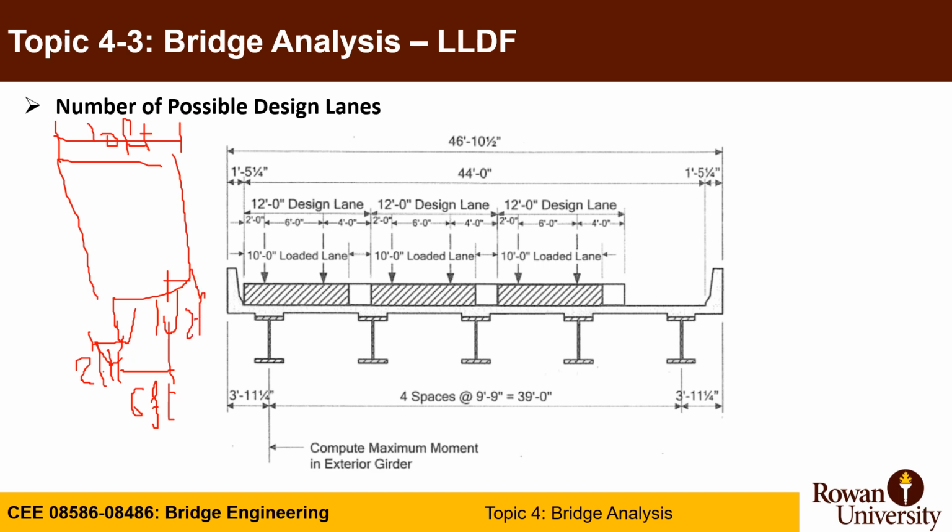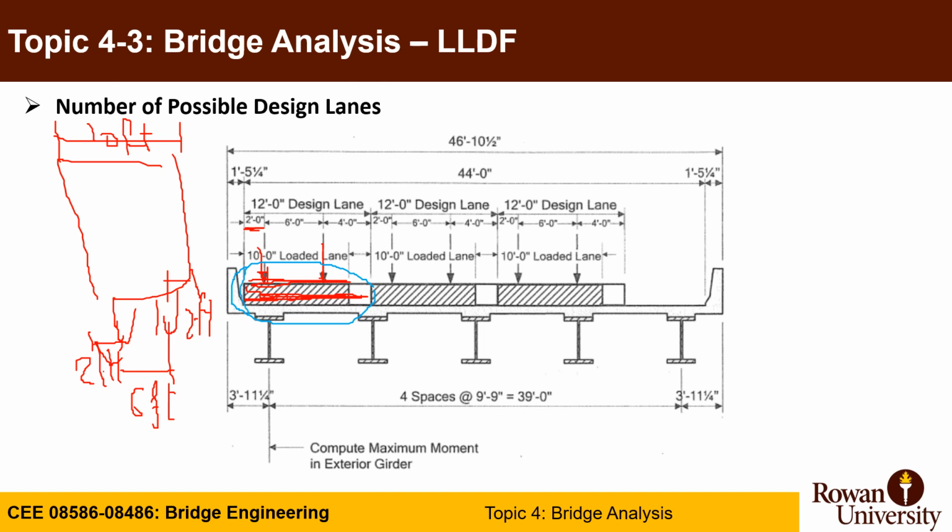So what you will start with, this is your first lane load we discussed. You start 2 feet from the edge of the barrier, you put your first wheel, 6 feet away the second wheel, and your truck ends with another 2 feet, which gives you 10 feet width of truck, but the width of the lane is actually 12, correct?